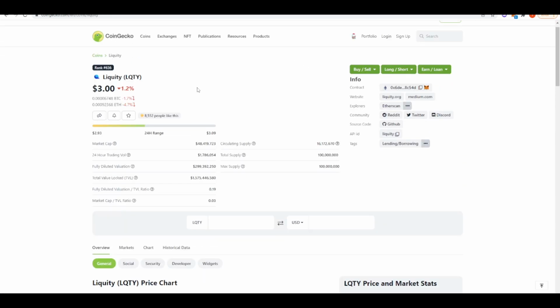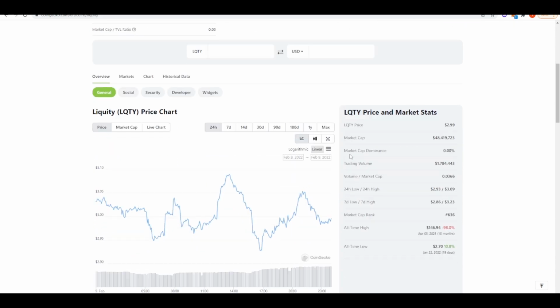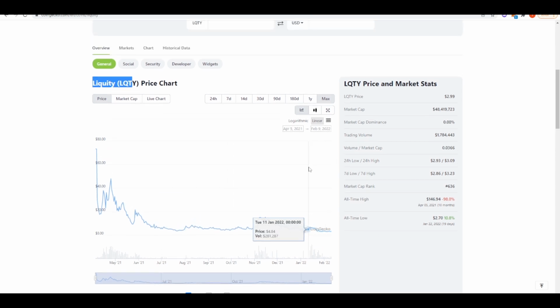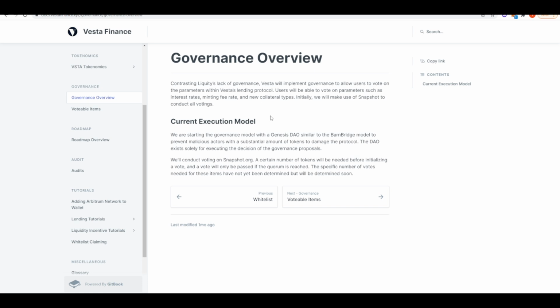If we just take a look at the price of Liquity over time, although this is one of the major DeFi protocols out there, the price has just been down only over time because there's just not much reason to hold the Liquity governance token, right? Because there's not much in the way of governance features and you're not really getting much out of it. So it's down 98% since its all-time high, and you'd be hard pressed to find someone who's made money holding this over time, right? But the Vesta Finance token is definitely going to be different.